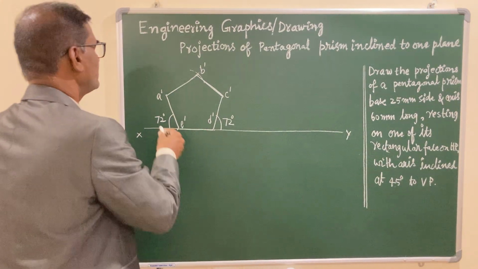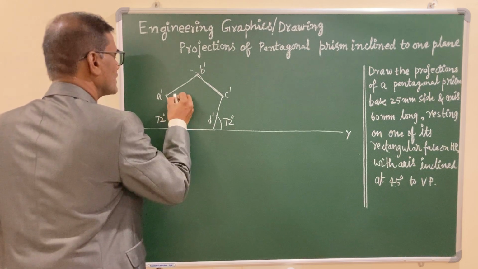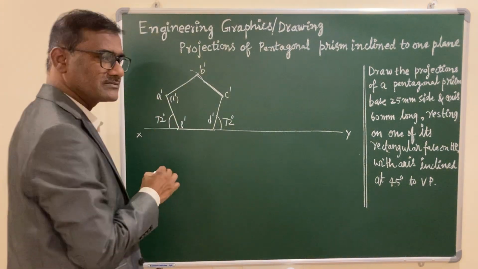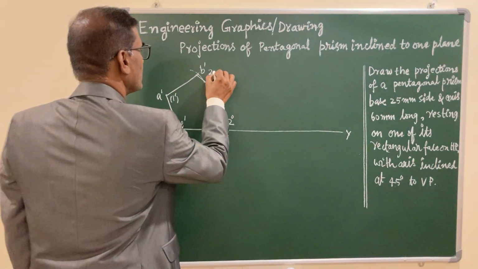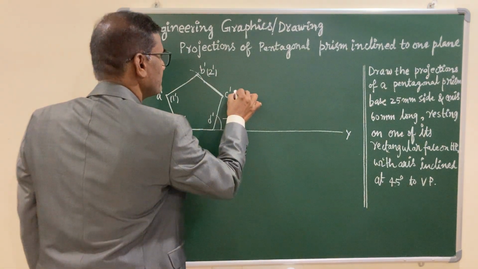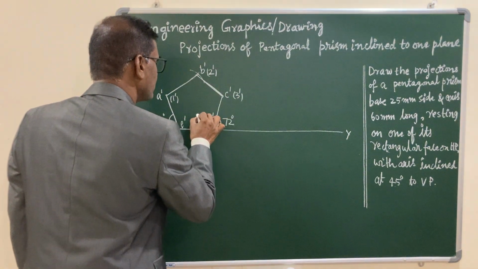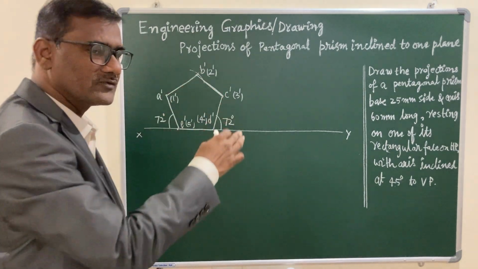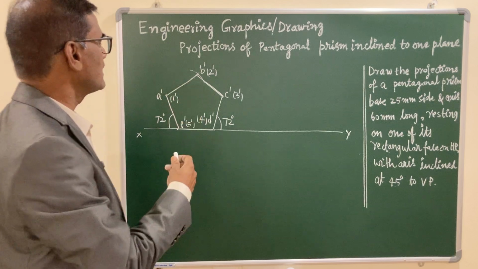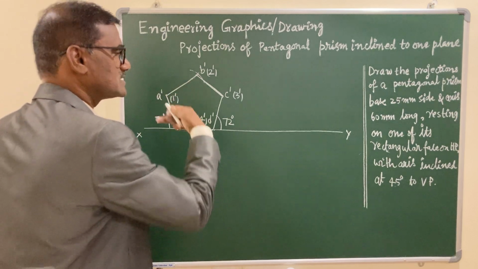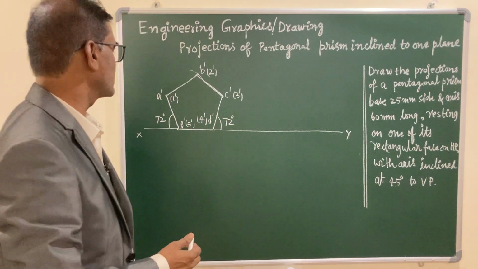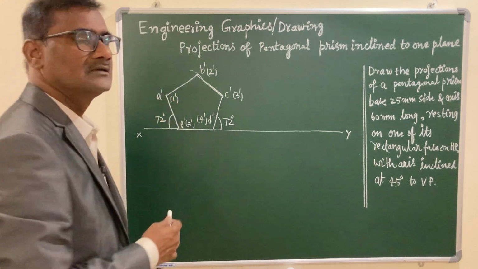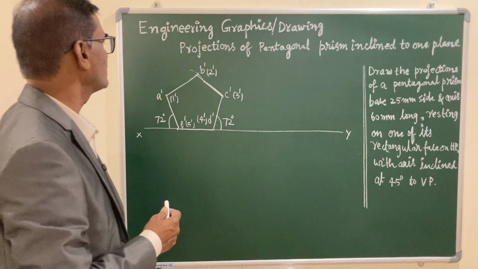The other end coincides exactly with this, and you can call it by numbering: 1 prime, which we keep in parenthesis because it is hidden, 2 prime, 3 prime, 4 prime and 5 prime. These 1, 2, 3, 4, 5 represent the pentagonal end face which is near to the reference line XY. Now this completes the first stage of your front view.